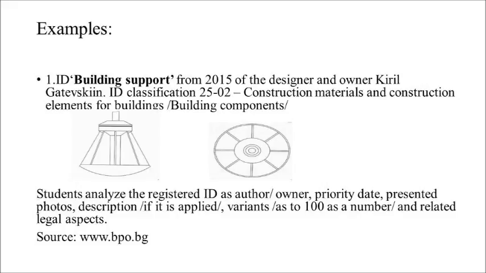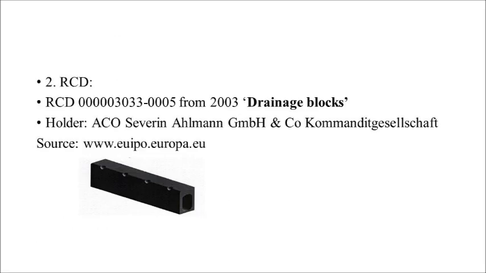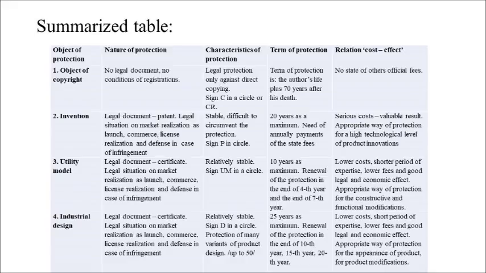Here, students analyze the registered industrial design as author, owner, priority date, presented photos, description, if it is applied, variants, and related legal aspects. The second example is about a registered community design from 2003 under the name Drainage Blocks with holder ACO Severin Ahlmann GmbH.